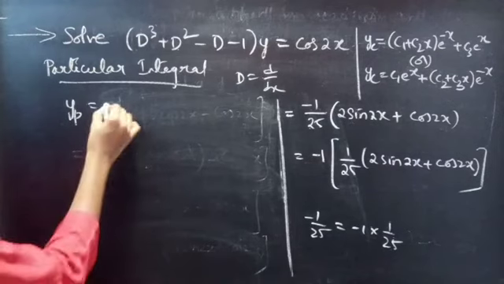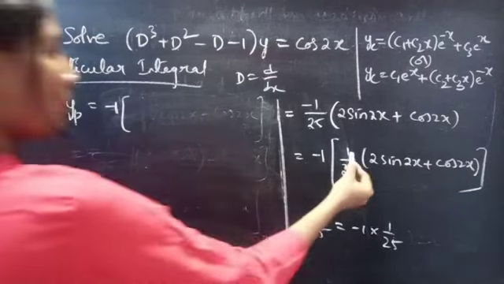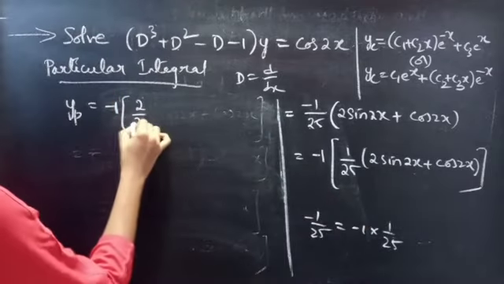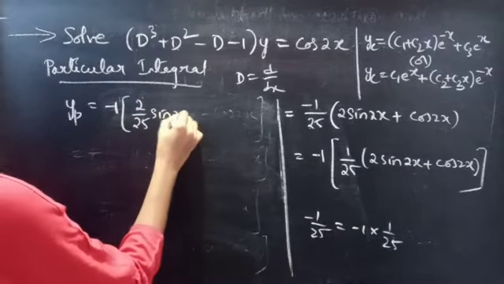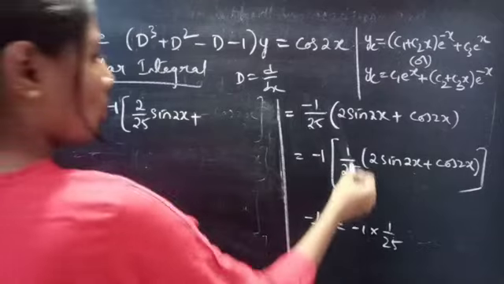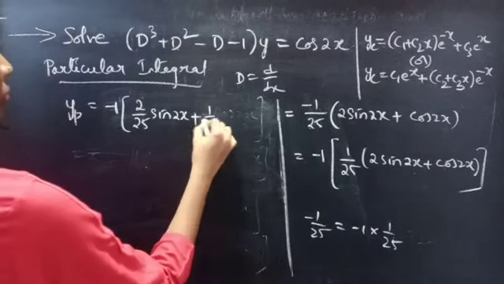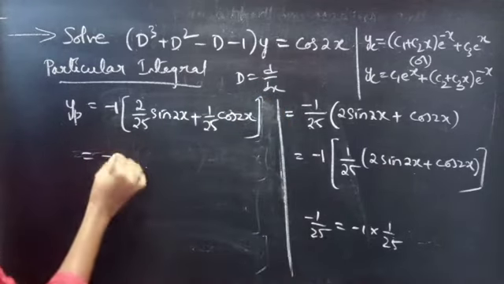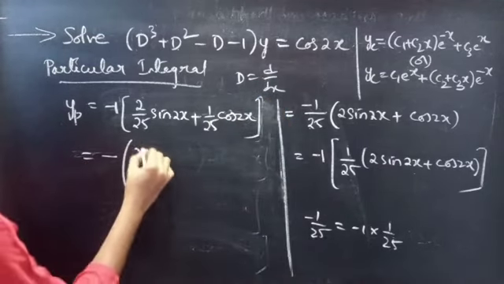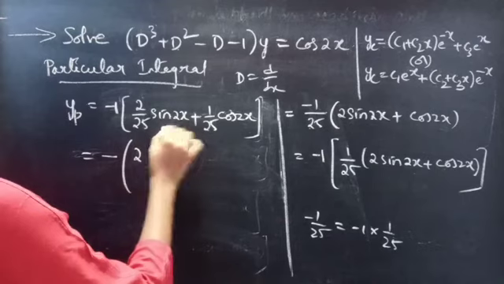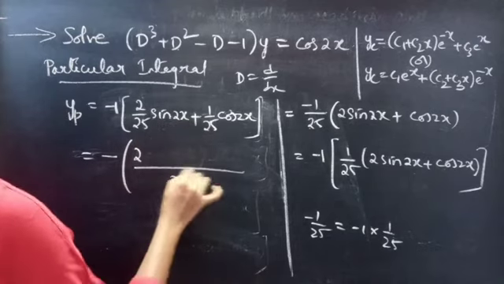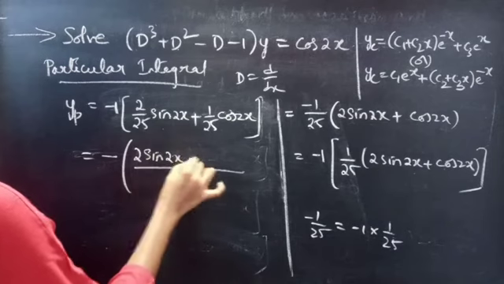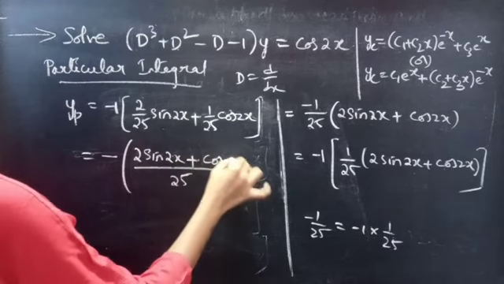Then yp becomes minus 1 into 1 by 25 into 2 sin 2x, which is 2 by 25 sin 2x, plus 1 by 25 into cos 2x. Simply minus of, take the LCM of these two terms, you'll get 25 as your LCM, and in the numerator you'll get 2 sin 2x plus cos 2x.